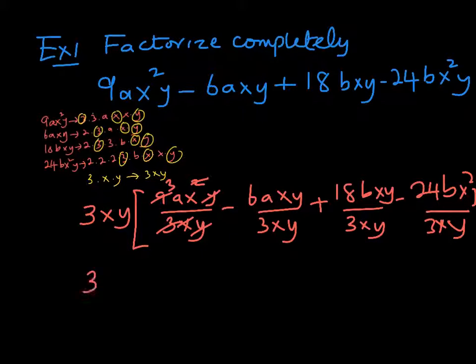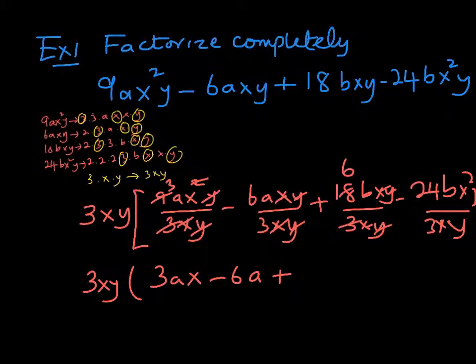So this is 3xy into brackets. What we have left here is what? 3ax. And then for the second one, the x cancels out, the y cancels out, and 3 goes in 6 twice, so this is 2a, not 6a.